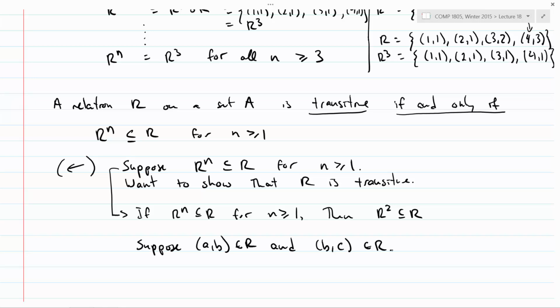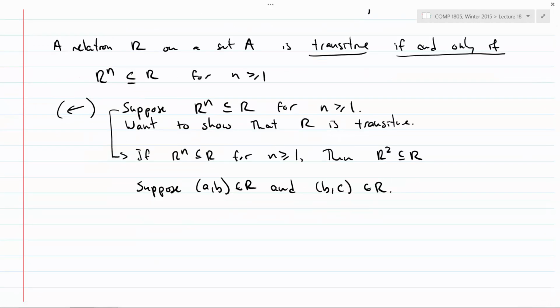If I have (a,b) in R and (b,c) in R, what do I know about R squared? I must have (a,c) in R squared. That's the definition of the composition. (a,c) is going to be in the composition if (a,b) is in R and (b,c) is in R for some b, and the claim here is that it is. So (a,c) must be in R squared, and that's almost what we want.